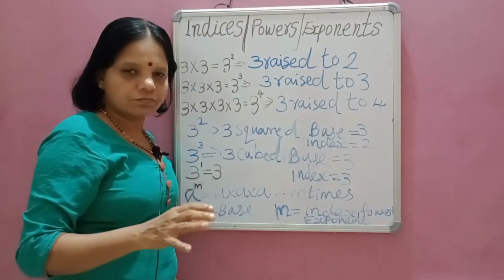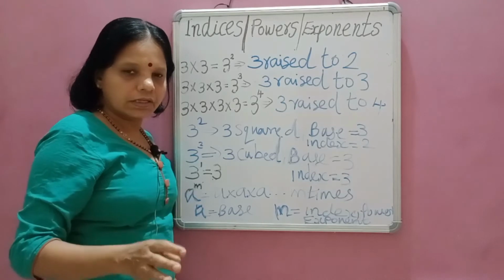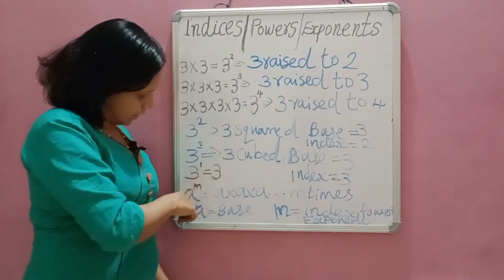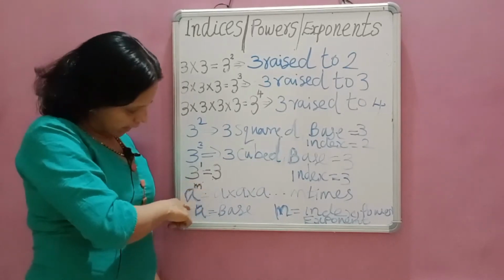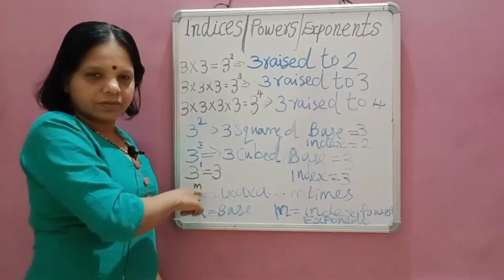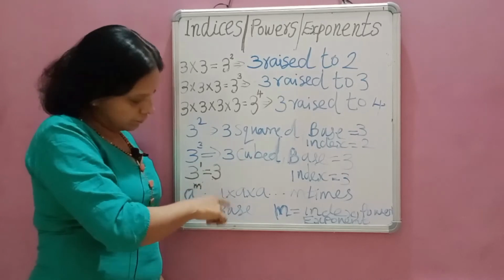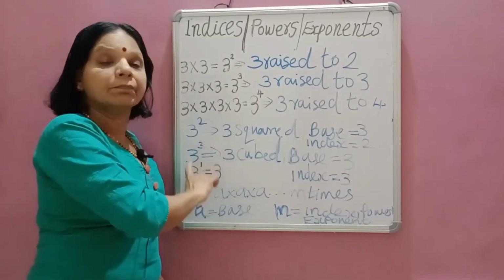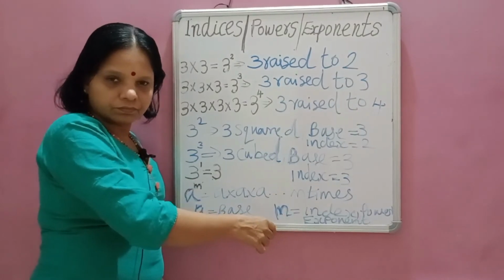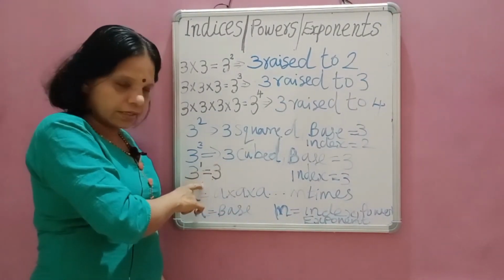Clear? So you understood what is base and index. So what is the general form? A raised to m. A is base and m is index. Its meaning is A repeated how many times? m times. If m is 3, 3 times.